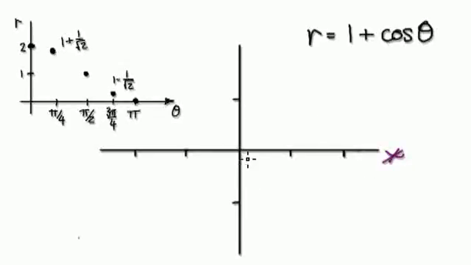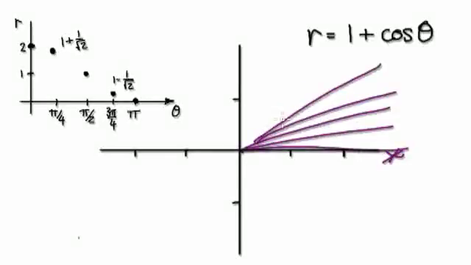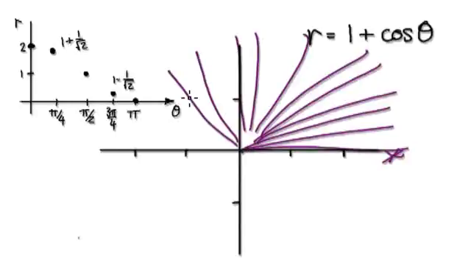So what's happening is this: you start here, and we are increasing theta all the way to pi. So each step of the way, when theta is 0, the radius will be 2. So this here is 1, 2, so it would be right here.